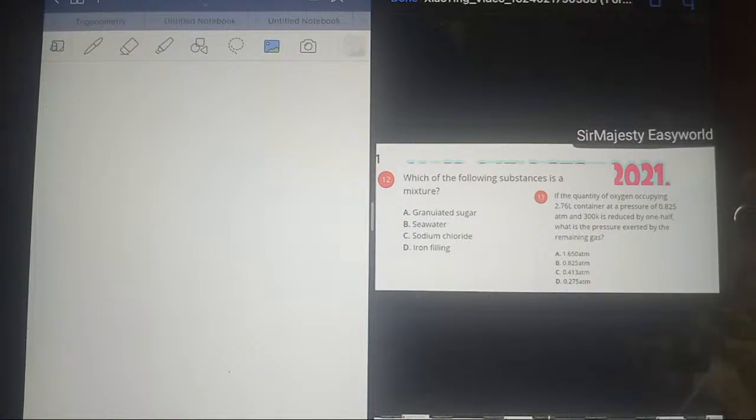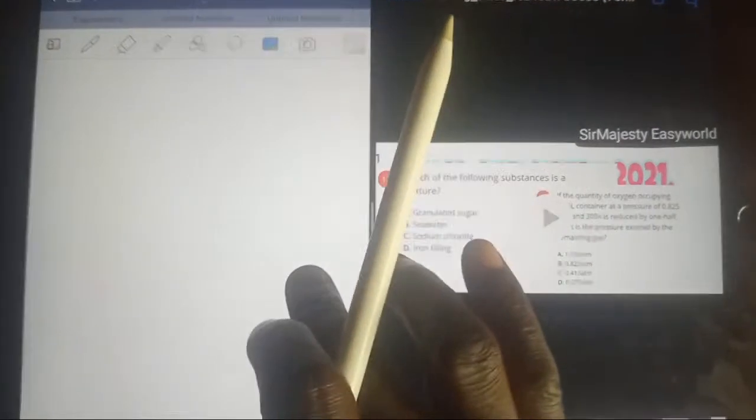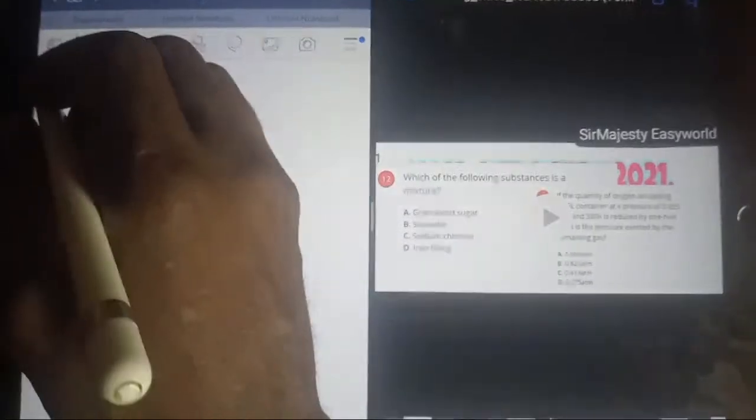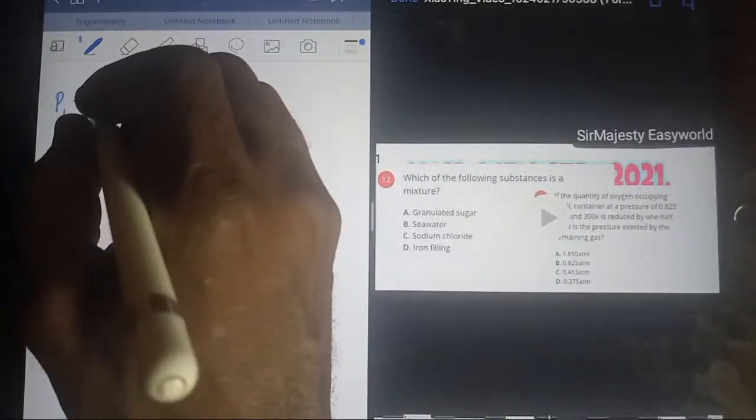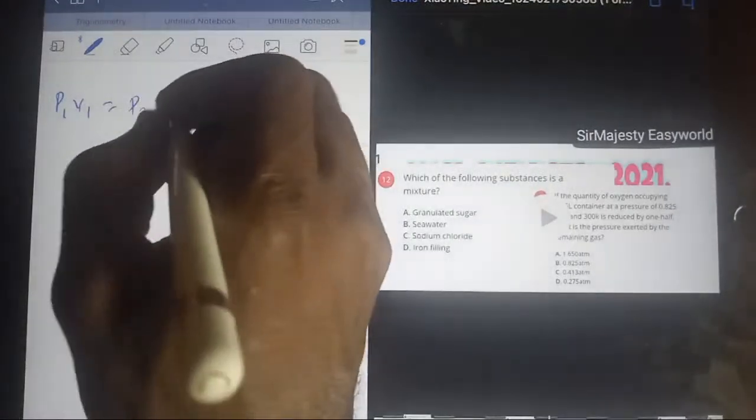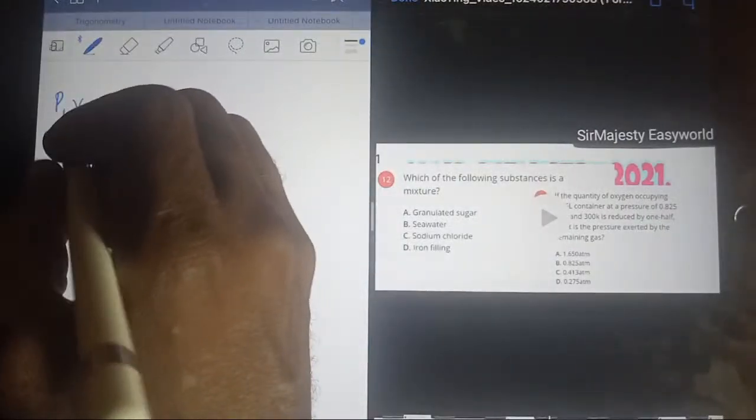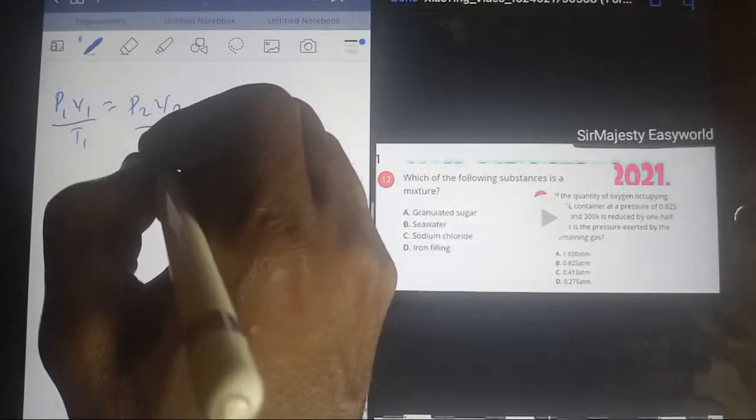So let's go back here and solve with the help of our calculator. If you are still there, it's nice to know that you're online and your questions are welcome. So coming to our solving board here, we use P1V1 equal to P2V2, then divide all by T1, divide all by T2.